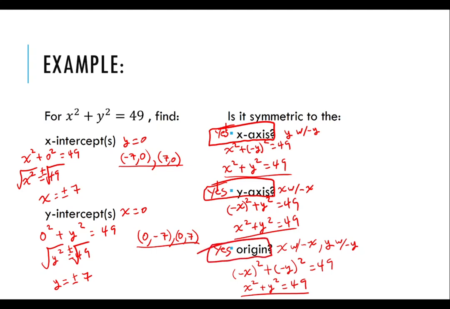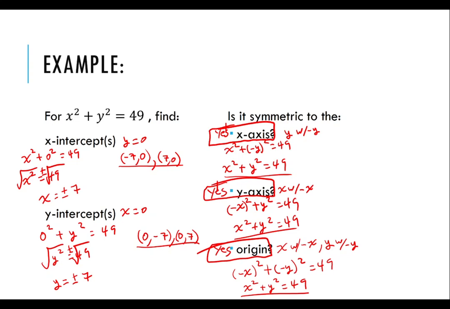Also, if you're starting to notice a pattern, origin symmetry is only possible to occur when the x and y axis have symmetry or don't have symmetry. So the answers here have to match for x and y axis symmetry for origin symmetry to occur. So notice in one of the previous ones we had not x-axis, not y-axis, yes origin.